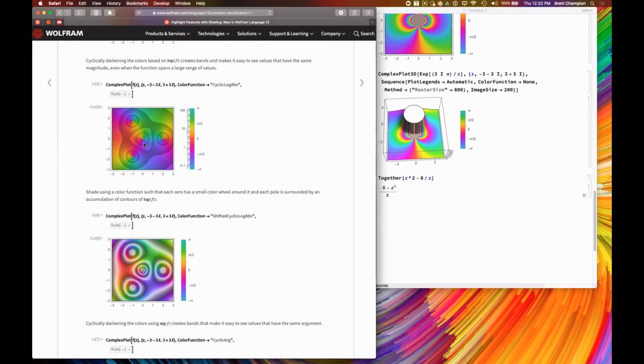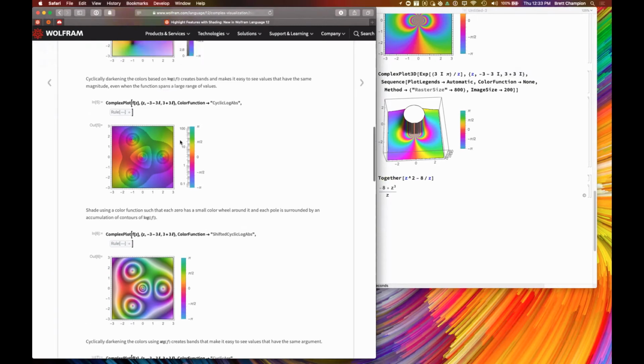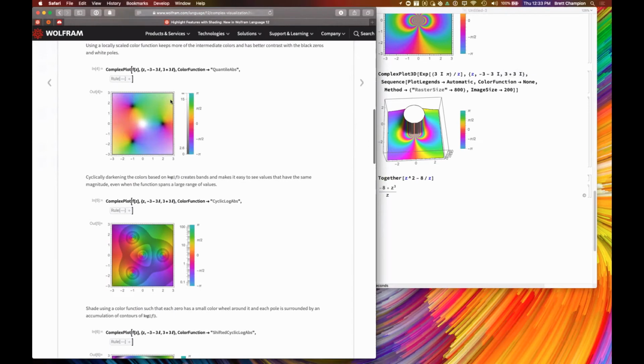We have increasing values as we come in toward our pole. We have dark to light as we come into our zeros and decreasing into them. And occasionally this can help to let you see at what rate things are changing a little bit better than a small change in color gradation might do somewhere else.